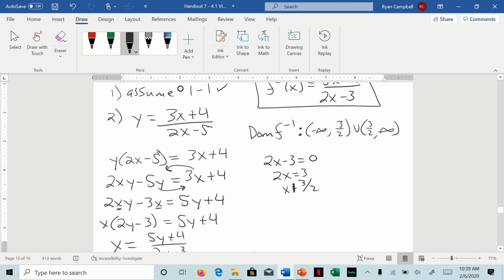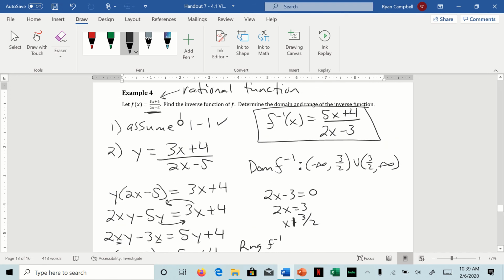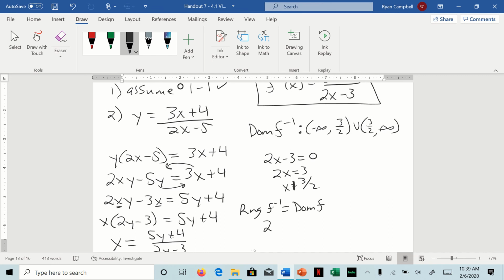Let's look at the range of our function. So again, that's going to be a little harder. How do you do range? Well, because we know of our setup, we have to look at the domain of f, which is right here. Again, it is a fraction, so we can just look at solving for 2x minus 5 equals 0.